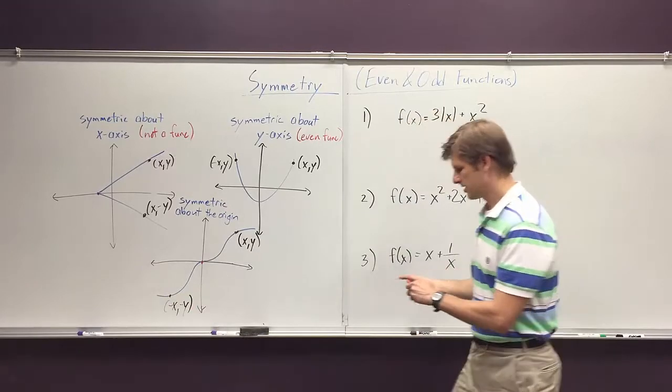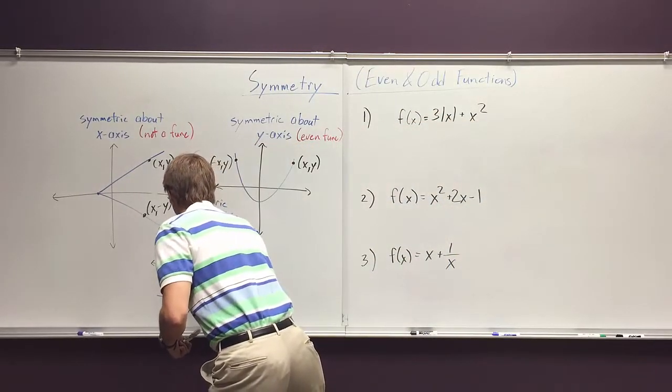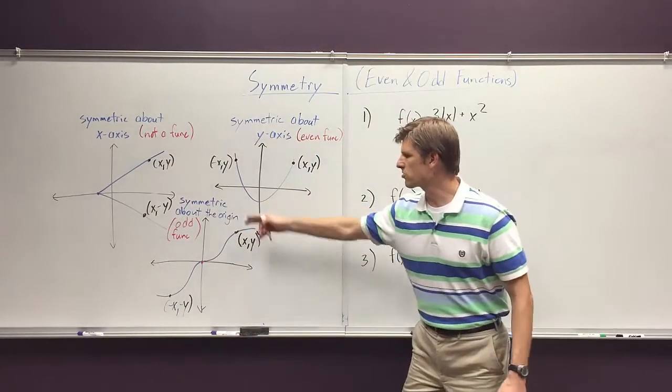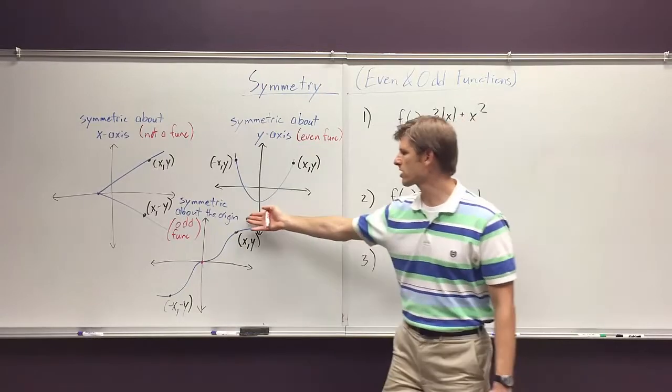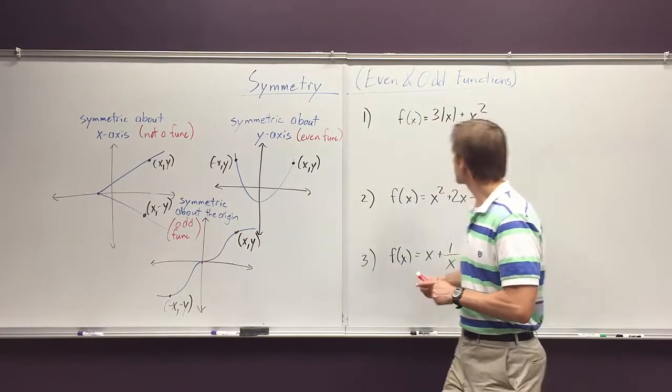This is what we call an odd function. So if the function's graph is symmetric about the origin, we call it an odd function. So I have three examples here.